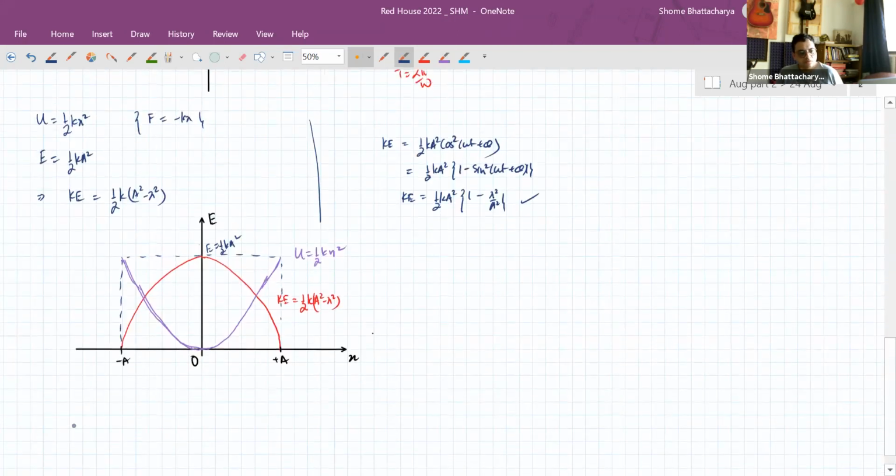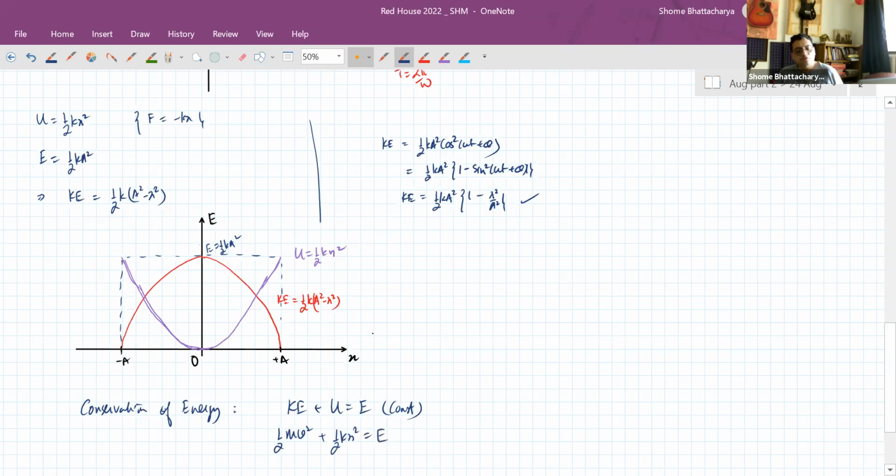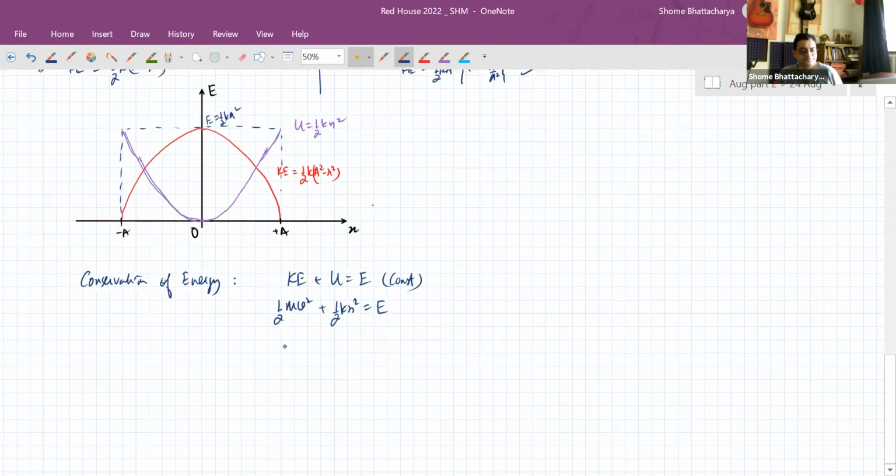Now, interestingly, the conservation of energy equation, that is kinetic energy plus potential energy is a constant, where kinetic energy is half mv square and potential energy is half kx square. From this also the equation of SHM can be derived. So from here you can see that the rate of change of half mv square plus half kx square should be the rate of change of a constant on the other side.